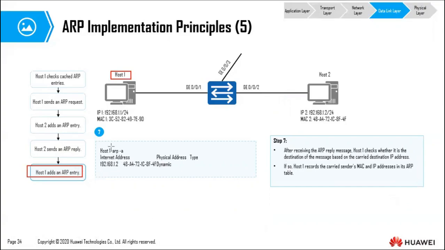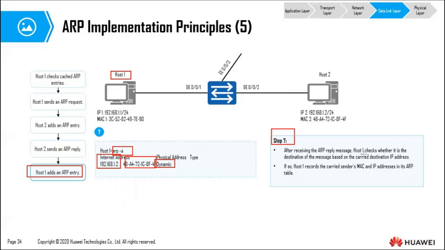So you can see if we use the command ARP -a, we can see the internet address and the physical address for host 2, and we learned it dynamically. So step number 7.